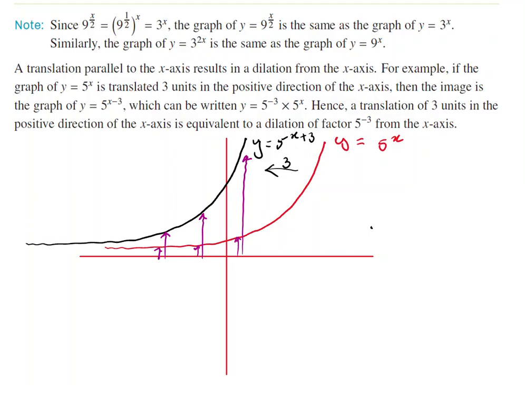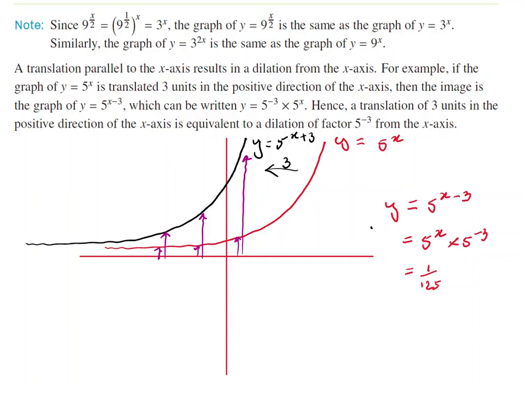So I'll now use their example where they translated it in the positive direction. So they started with y equals 5 to the x, and because they're translating it 3 units in the positive direction of the x-axis, that becomes 5 to the x minus 3. Now we can write that out as 5 to the x times 5 to the minus 3. 5 to the minus 3 is 1 on 5 cubed, which is 1 on 125.